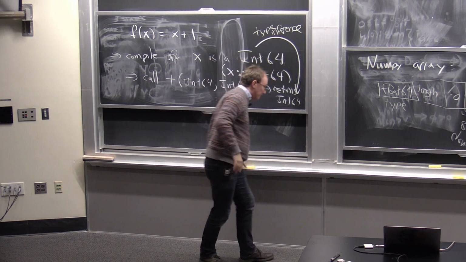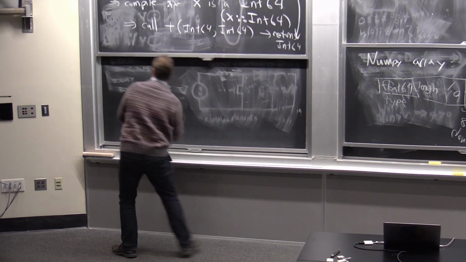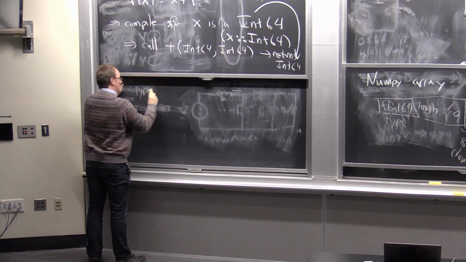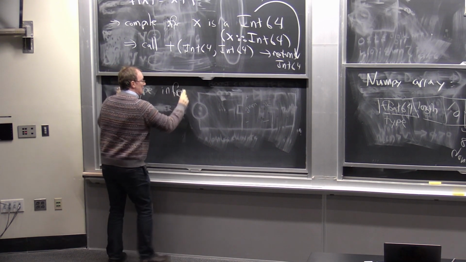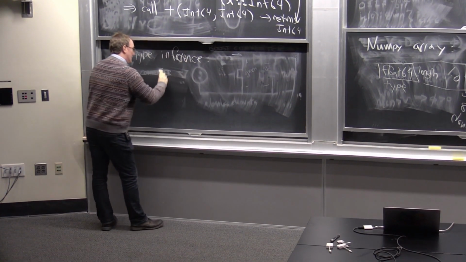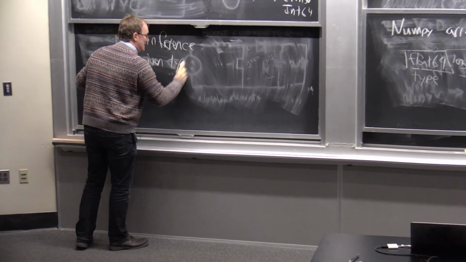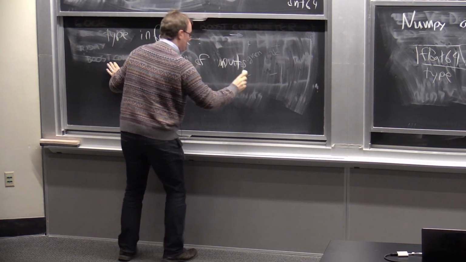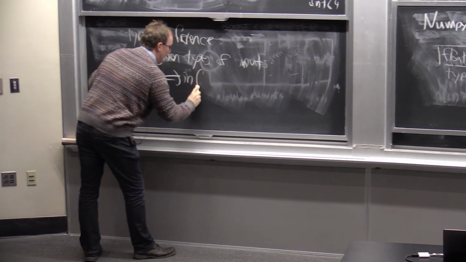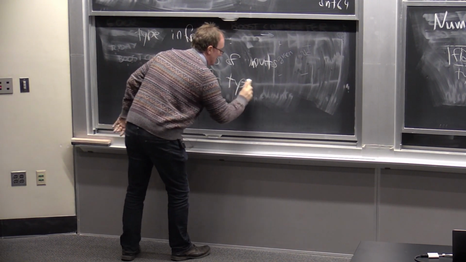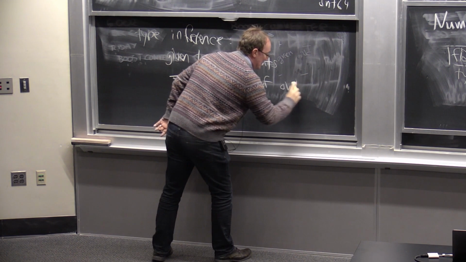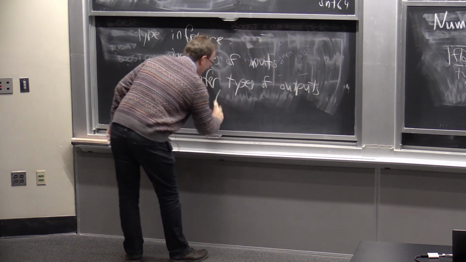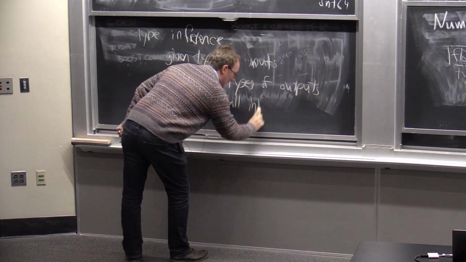In general, type inference is: given the types of the inputs, it tries to infer the types of the outputs, and in fact all intermediate values as well.